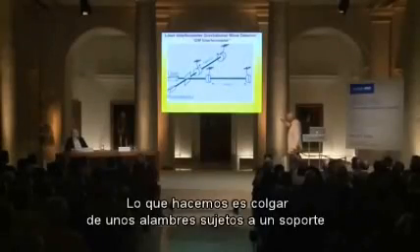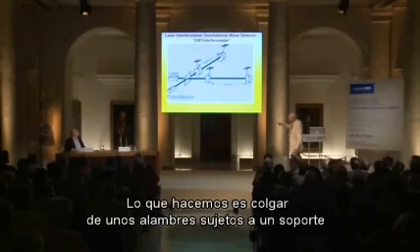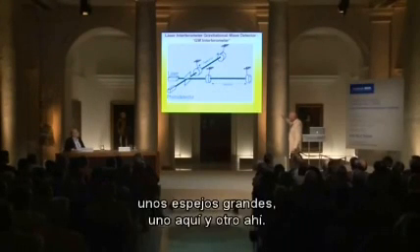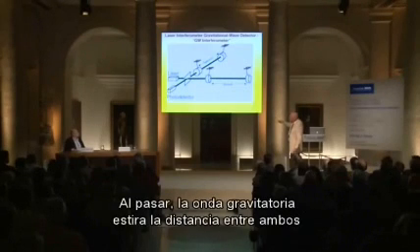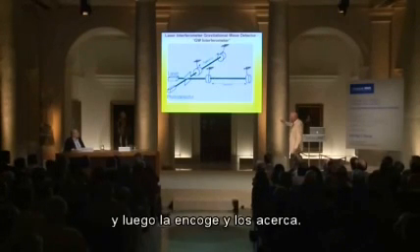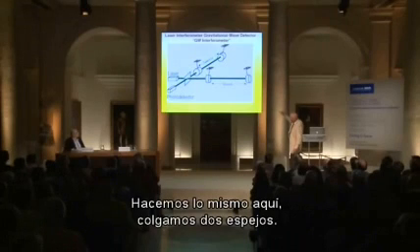So what we do is we hang by wires from an overhead support large mirrors, one mirror here, one there. As the gravitational wave goes by, it stretches the distance between these mirrors and then squeezes them together. We do the same thing along here, hang two mirrors.